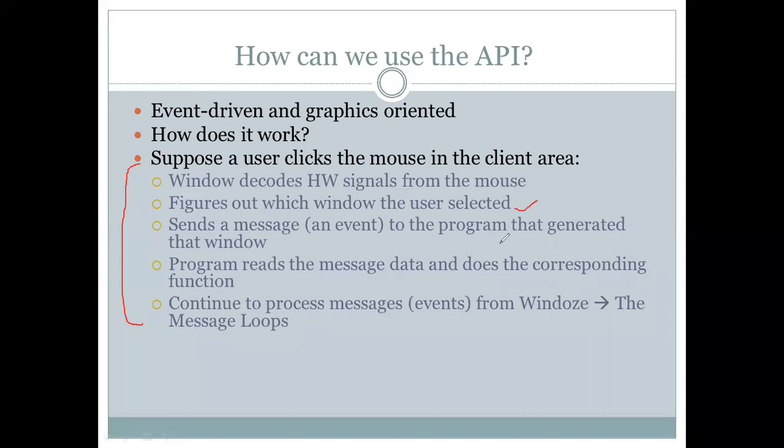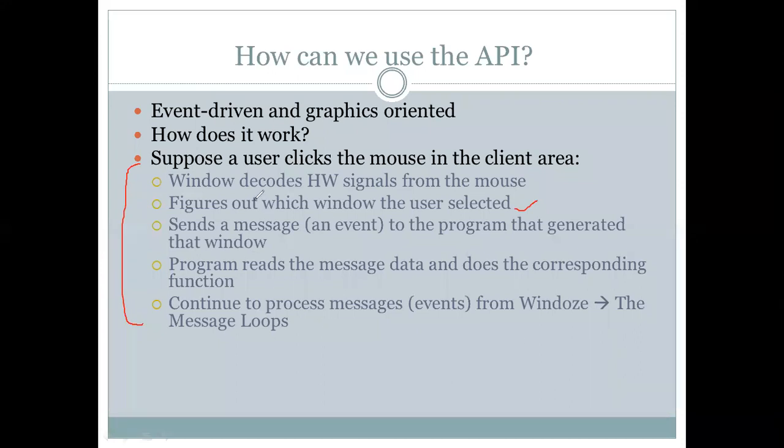Then the program reads the message data. Whatever message is sent is read by the program, which performs the corresponding function. Then the process of message events continues, and this is performed again and again continuously.